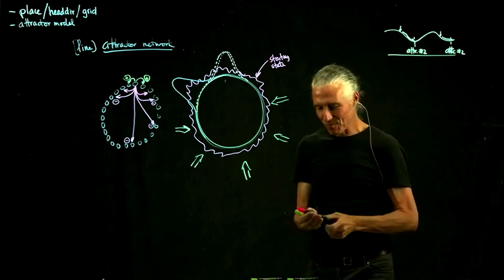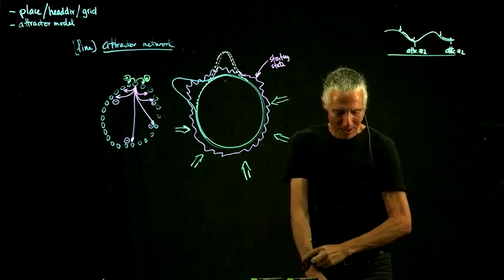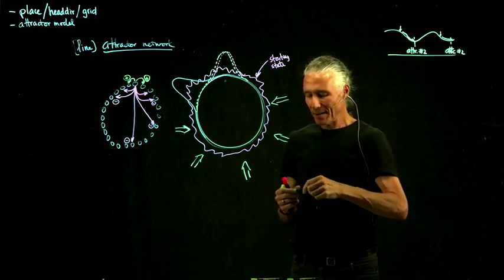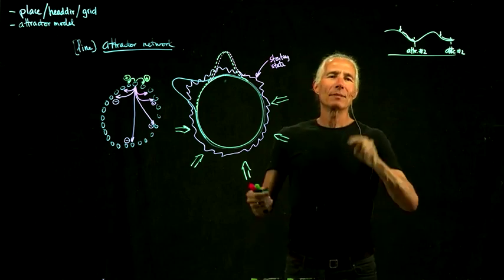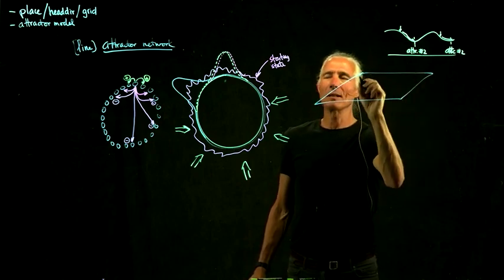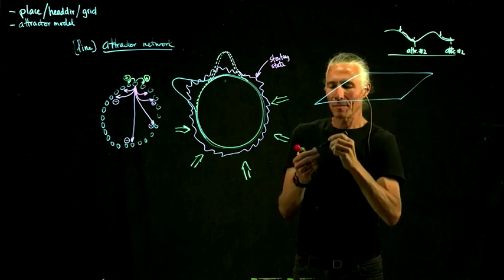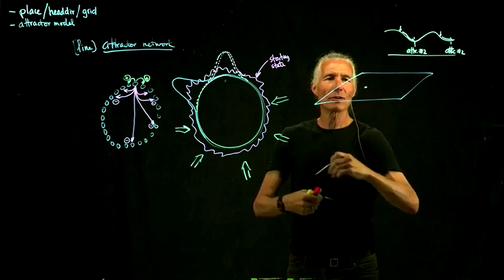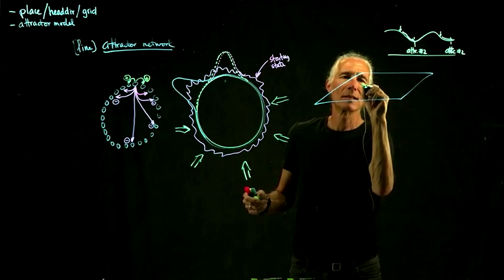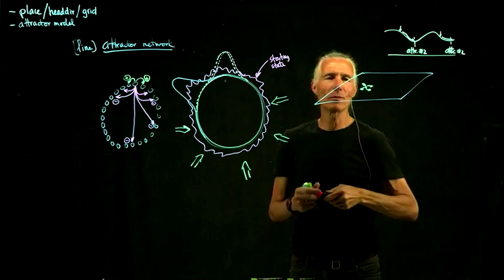And in the last minute, there's still one minute before the hour is up, we could talk about what if we did the same model for a place cell. So here's a place cell, it might have excitatory projections to its neighbors, and then inhibitory projections to ones that are further away.